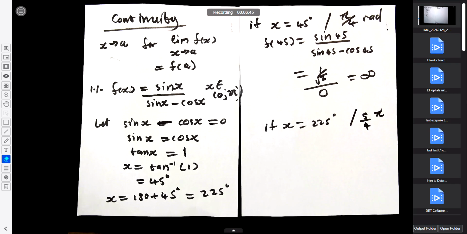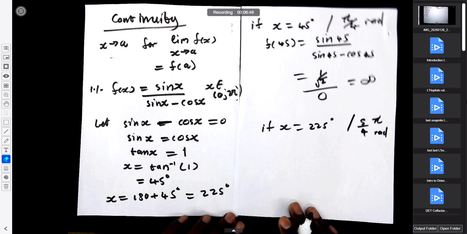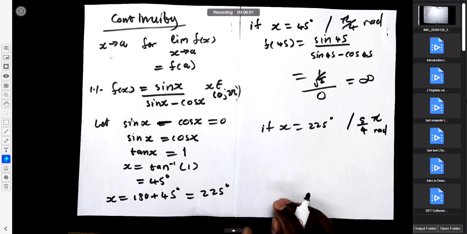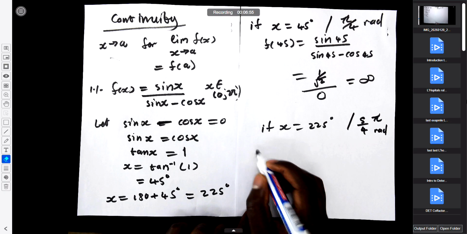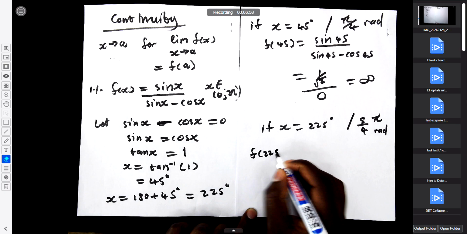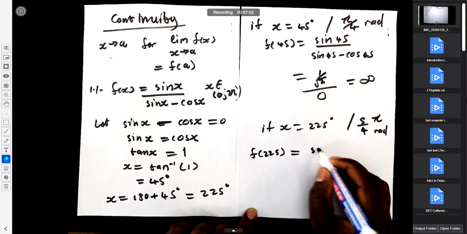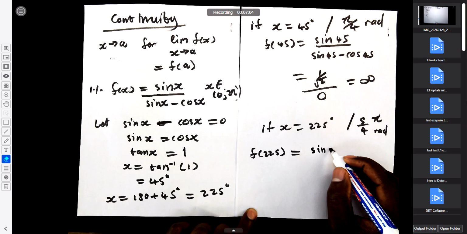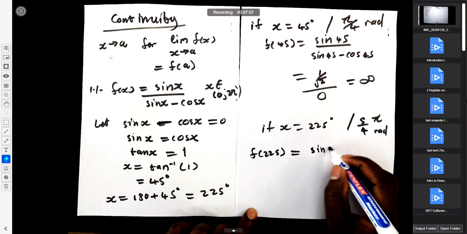So it's 5 over 4 pi radians. So we check, just substitute at f of 225. Which value are you getting? But not to waste time, it is going to be the same.